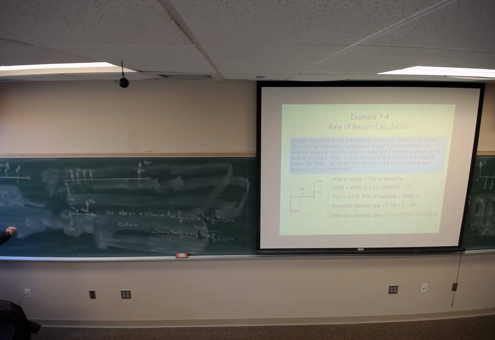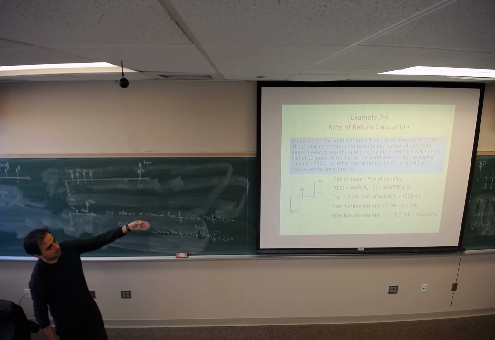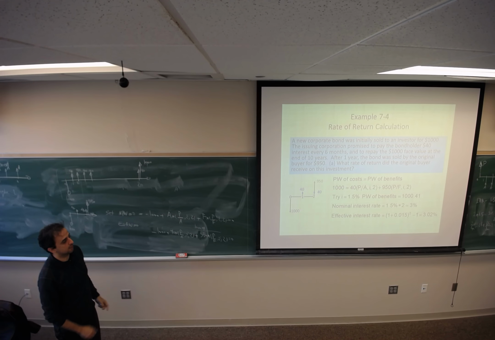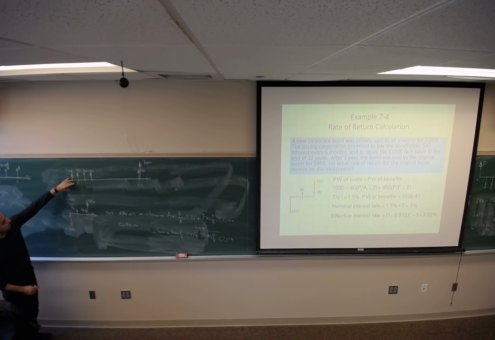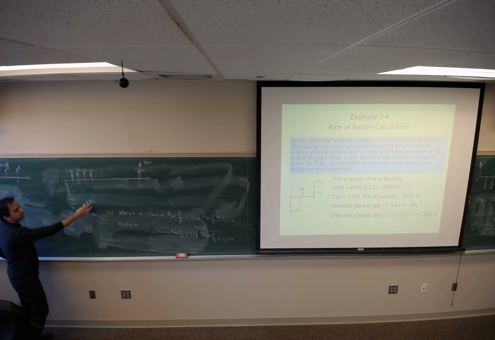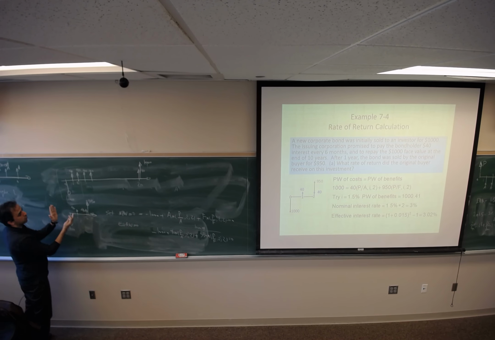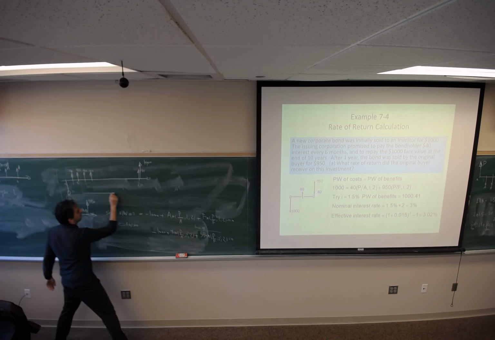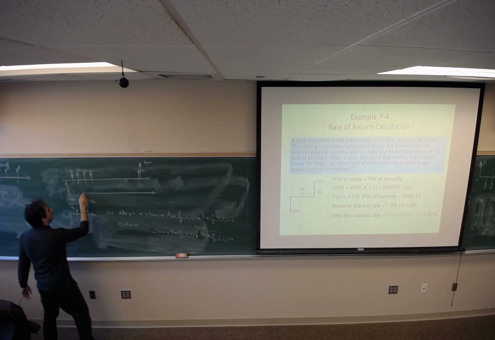This example continues to the next slide. So someone has purchased this bond at this price. If we want to draw the cash flow diagram for that person, it should start from year 1, which is now, present time, 0.